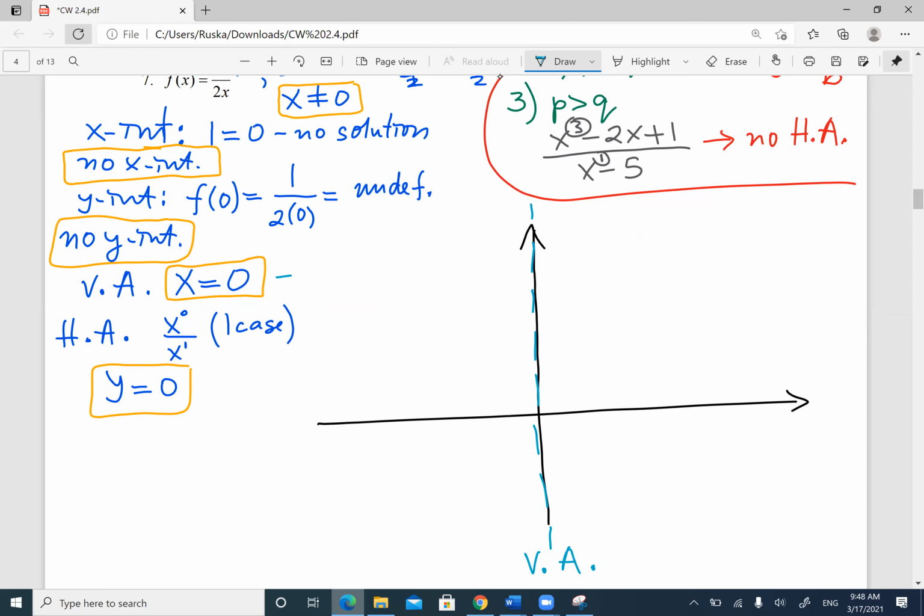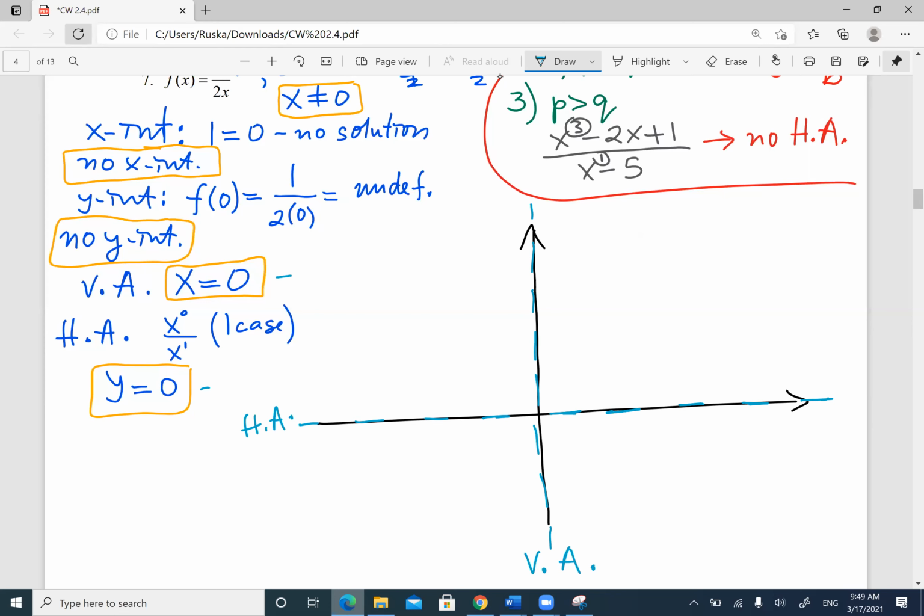So that means the graph is going to go close to the y-axis, but you're never going to cross the y-axis. The same way with the horizontal. Y equals 0 is the equation of the x-axis. So that's my horizontal asymptote. So that means my graph is not going to cross the x-axis, and not cross the y-axis, obviously, because if you have no x-intercept and y-intercept, you're not crossing them, right?